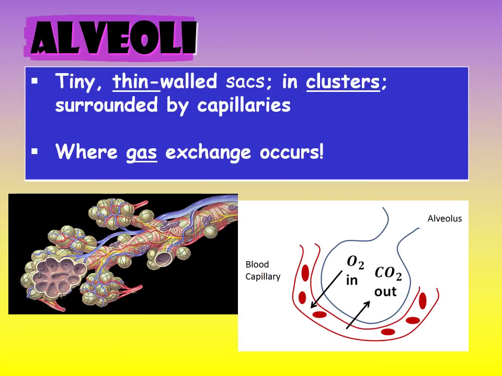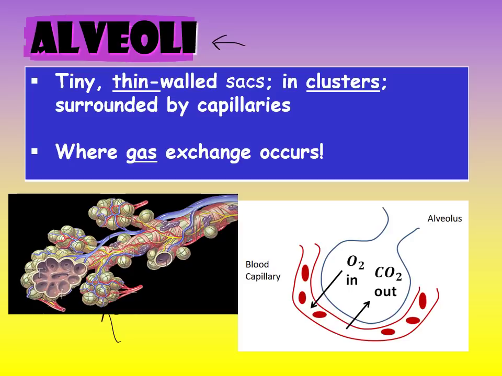Each one of those little bronchial sacs ends in what are called alveoli. They are like little sacs inside the lungs. This is what gives the lungs its spongy quality. And each one of those little alveoli, and they do look like grapes, are surrounded by capillaries.